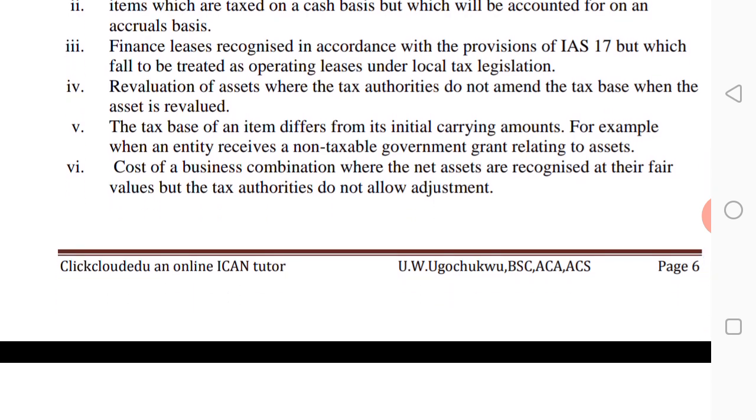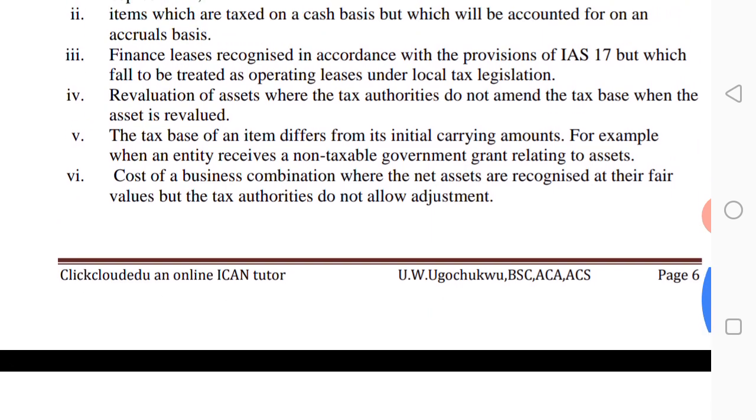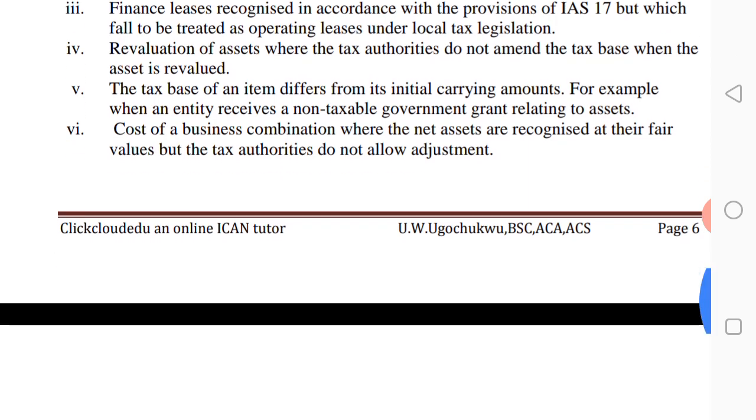Now, revaluation of assets. Revaluation of assets is also an example that will lead to temporary difference. So when you revalue an asset, you might have revaluation gain or revaluation surplus or revaluation deficit, where the tax authority does not amend the tax base when the asset is revalued.